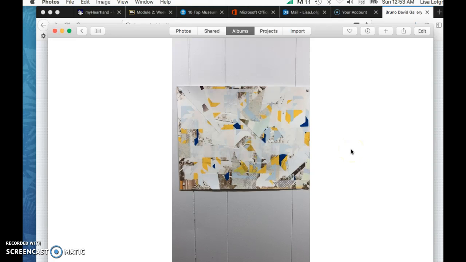And all of those little nooks and crannies get taken up by other colors and other textures that make these works very full and complex. But she's also doing that in a very limited palette.